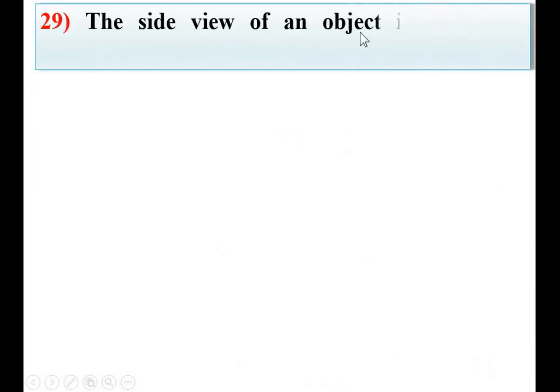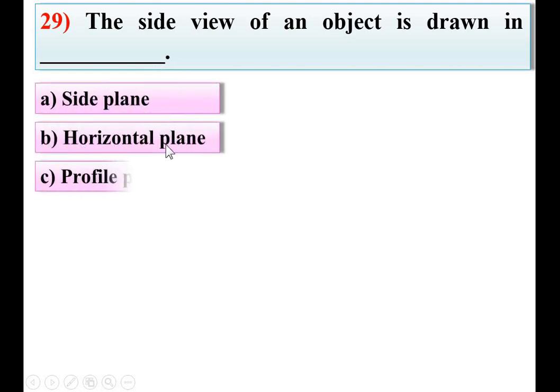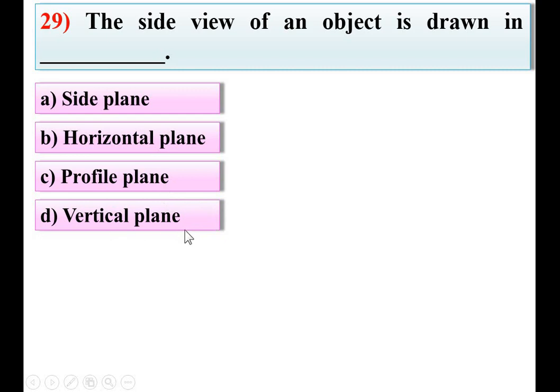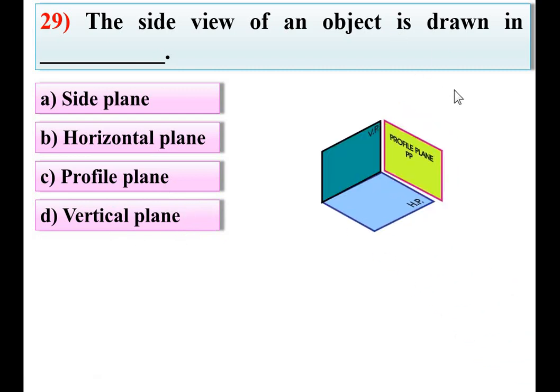Next, the side view of an object is drawn in blank. Option: side plane, horizontal plane, profile plane, vertical plane. So if I take the reference as these three planes, horizontal plane, vertical plane and profile plane, then you know that front view is projected on the vertical plane, top view is projected on the horizontal plane and side view is projected on the profile plane.